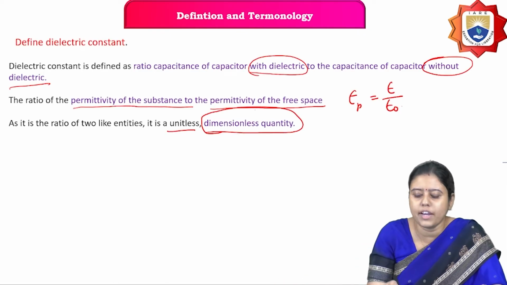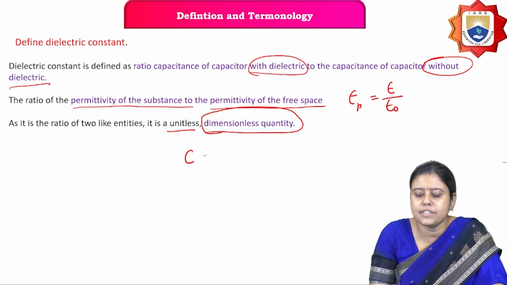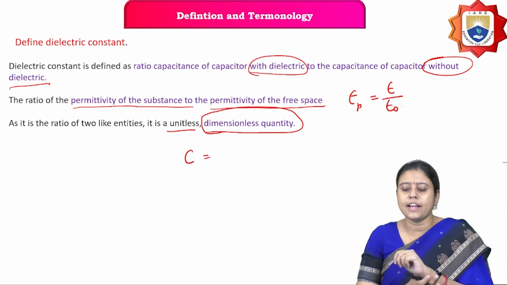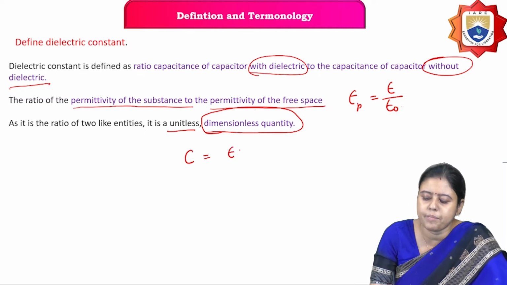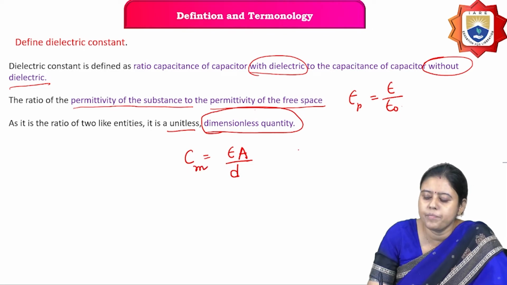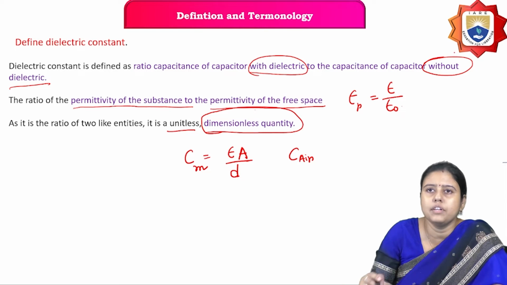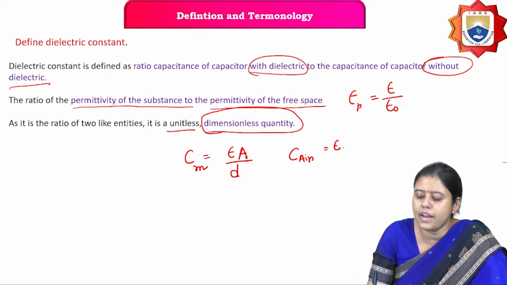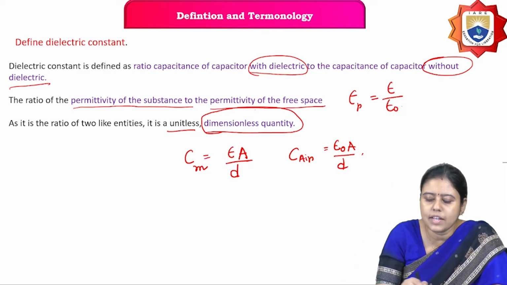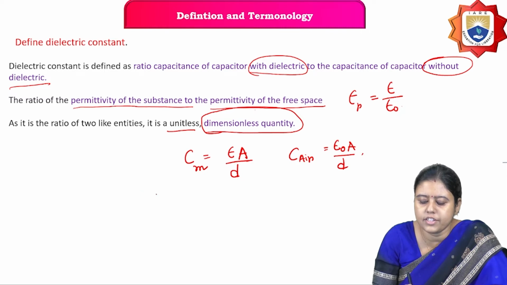On the other hand, we can also write the capacitance for a parallel plate capacitor with any medium as epsilon A by D. What is the capacitance with air, or capacitor without dielectric? It is epsilon 0 A by D for the same plates. So what is the dielectric constant definition?